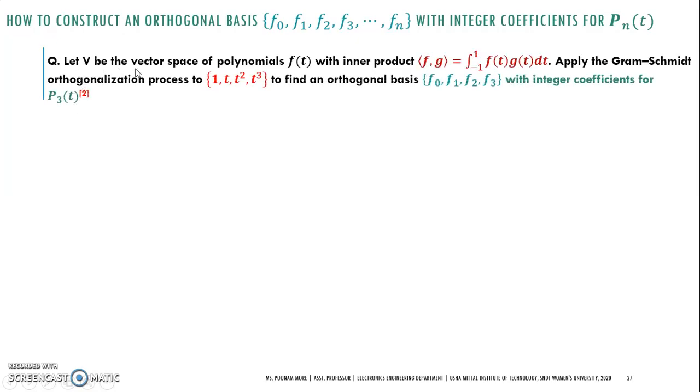Let V be the vector space of polynomials f of t with the inner product of f and g, which is given over here. Apply the Gram-Schmidt orthogonalization process to this set to find the orthogonal basis of the set with integer coefficients for the polynomial f3 of t.